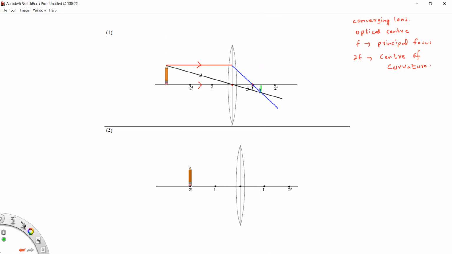So this represents your image, the green one. This is the image and this is the object.